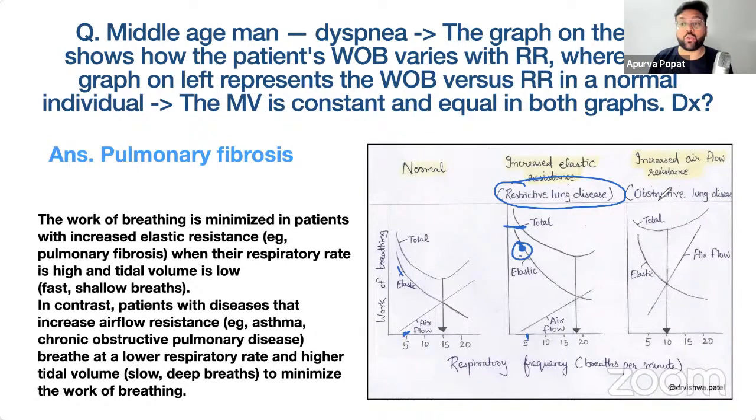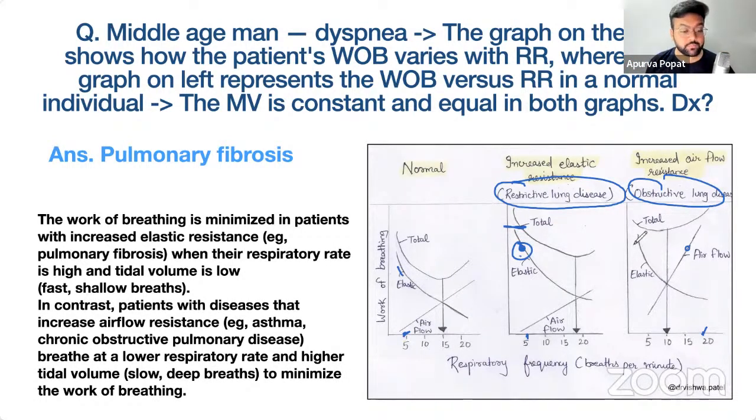In contrast, in obstructive lung disease, because there is obstruction, if they breathe heavily, their airflow resistance will be high because of the airflow constriction. So they try to breathe nice and slowly, because their elastic tissue is already digested.